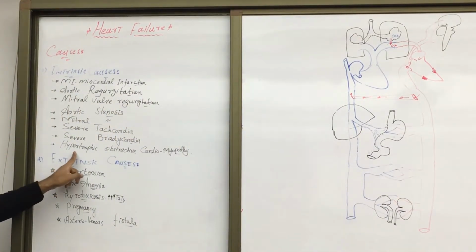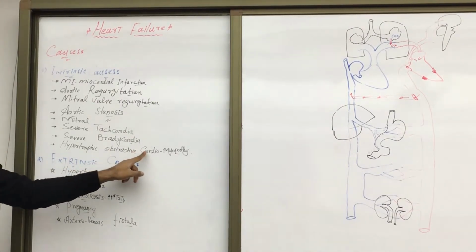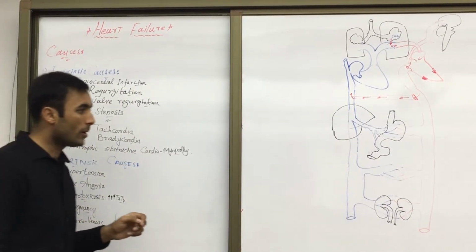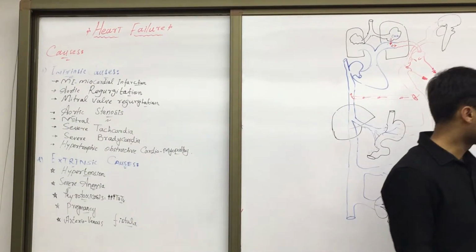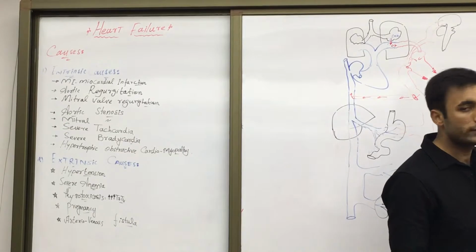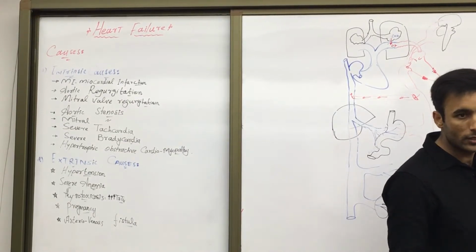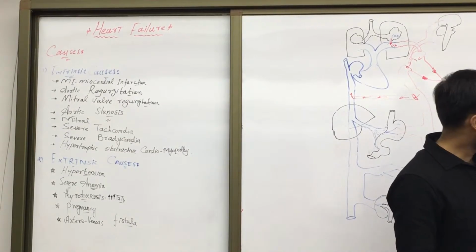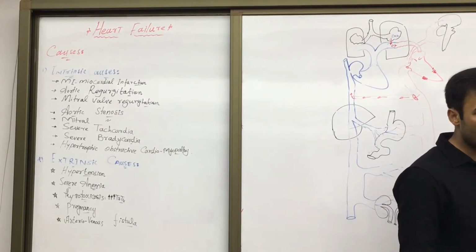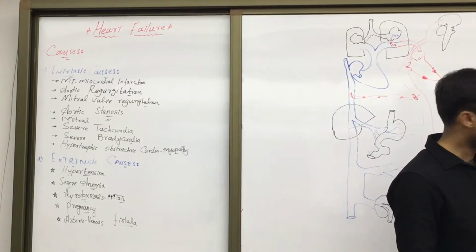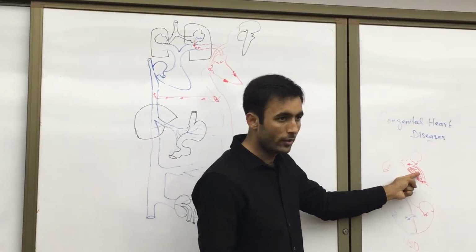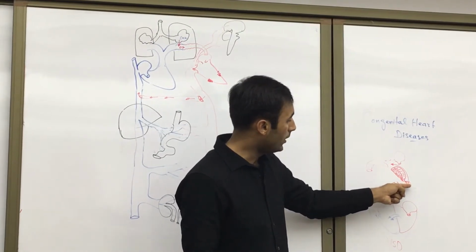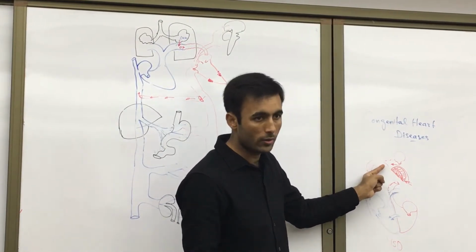Then we studied hypertrophic obstructive cardiomyopathy. In hypertrophic obstructive cardiomyopathy, what really happens? There is hypertrophy of the cardiac muscle on the septal side. This is the septal side. When the heart muscle contracts, this hypertrophied muscle comes in the middle and does not allow the blood to go into the aorta.